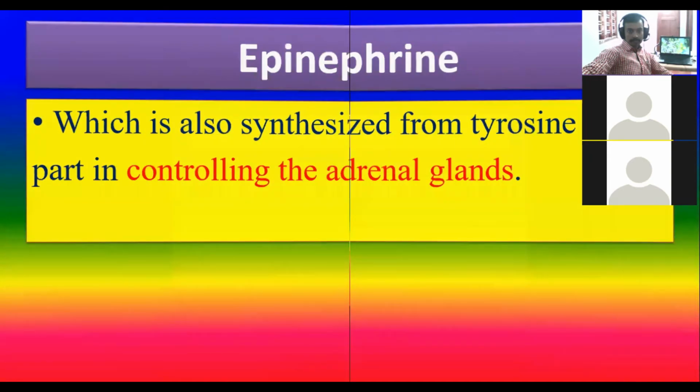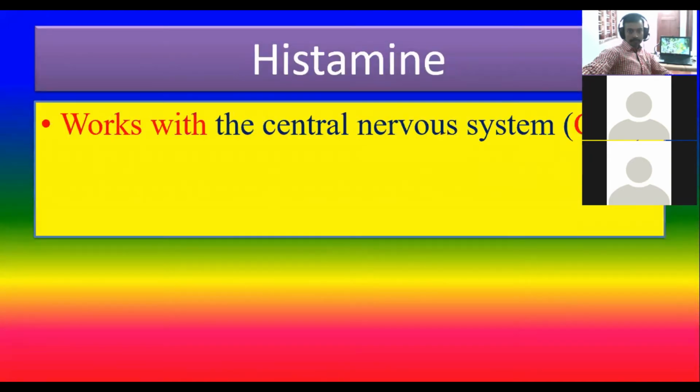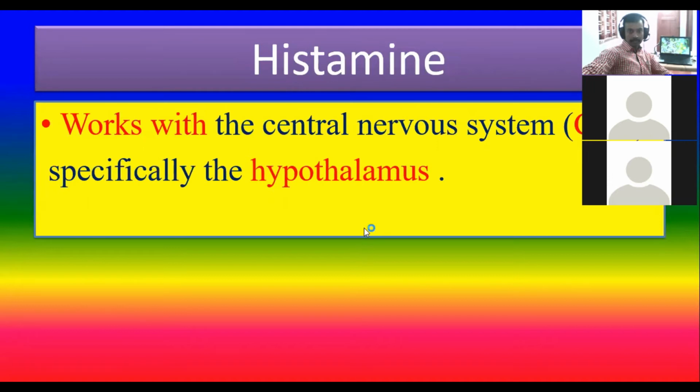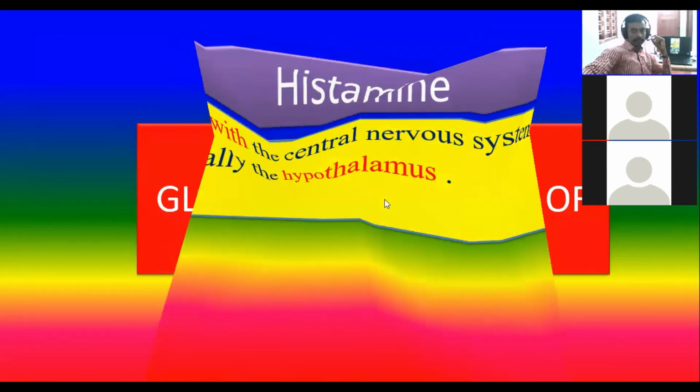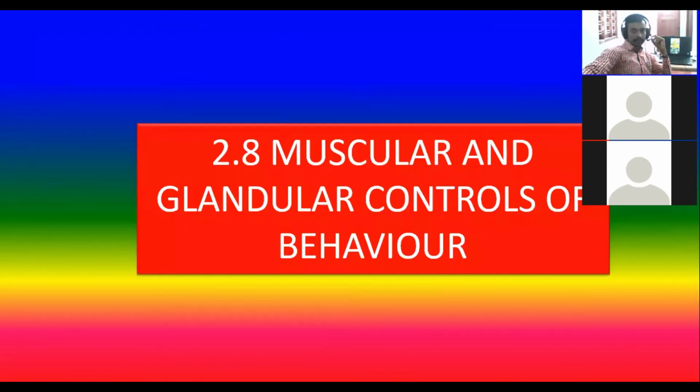Then histamine works with the CNS, central nervous system, and hypothalamus, and is one of the important pharmacological or biological medicines to regulate body chemistry and treat various diseases, etc.